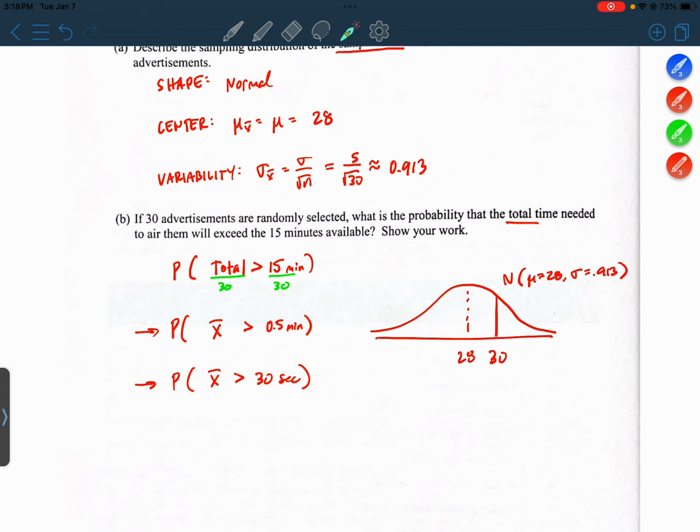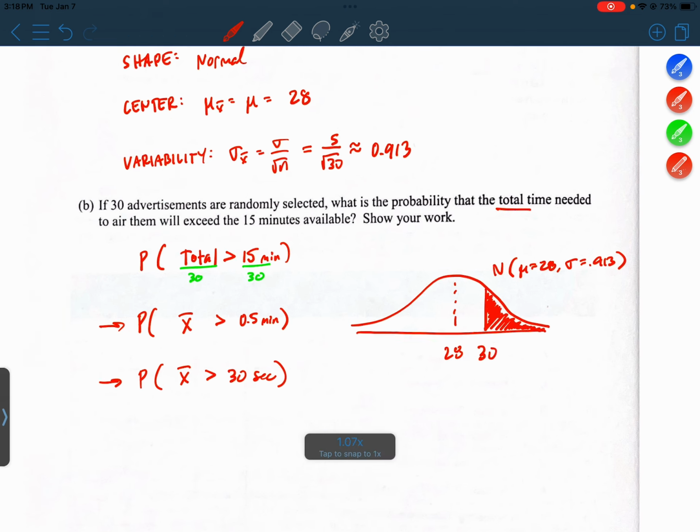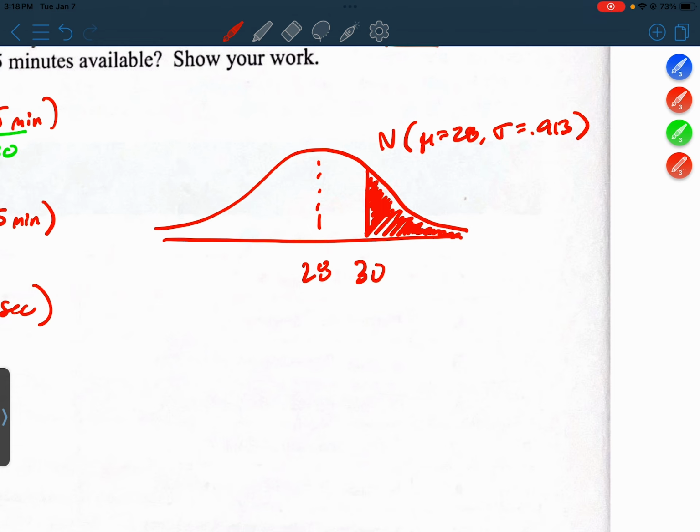And we're looking for this to exceed or be greater than. So we're going to shade the right tail. All right, from here it's just 2 more steps. Okay, standardize, calculate the z-score, and then use table A to look up the probability.